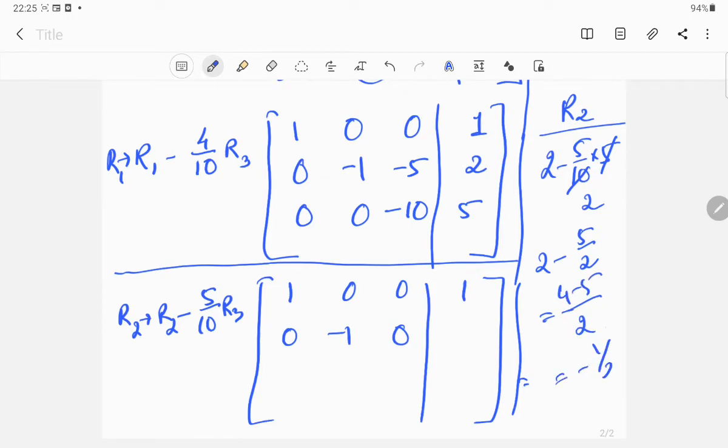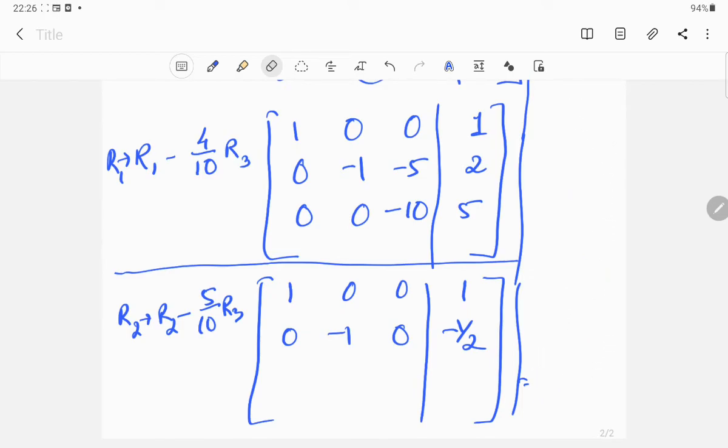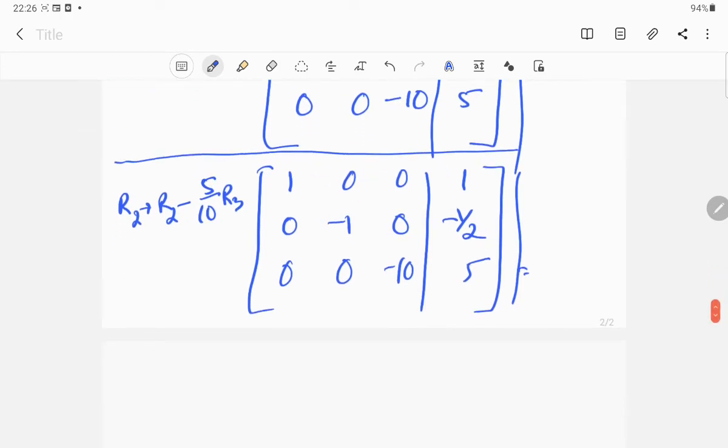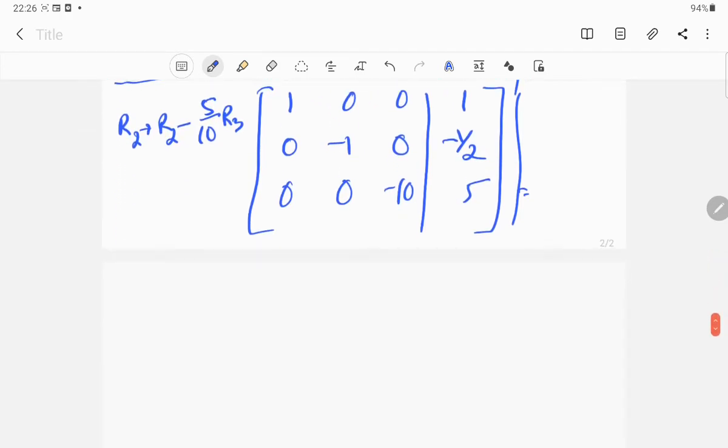So it is minus 1 by 2. So it will be minus 1 by 2. Similarly, we are done with the row R2. So we have 0, 0, minus 10 and 5. Okay.